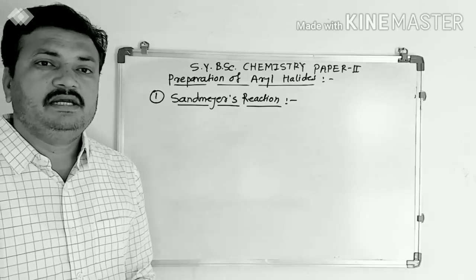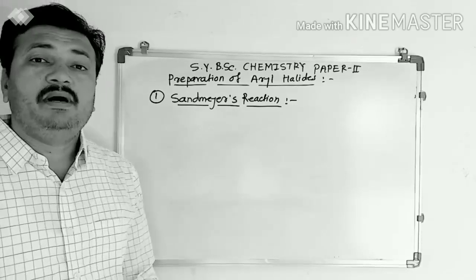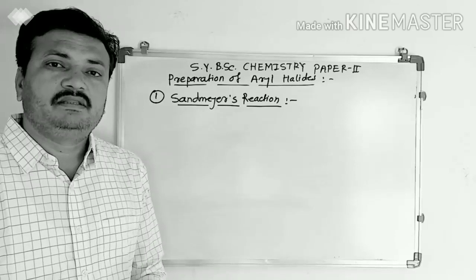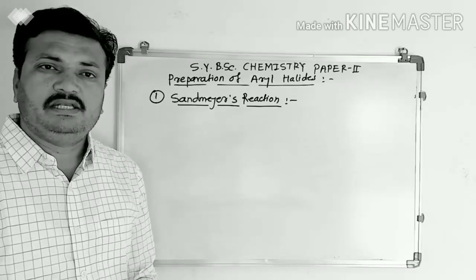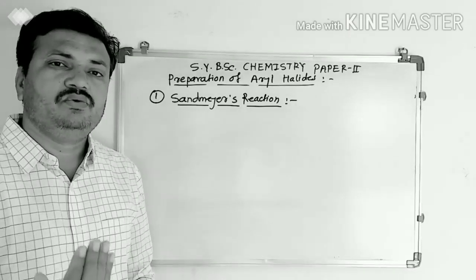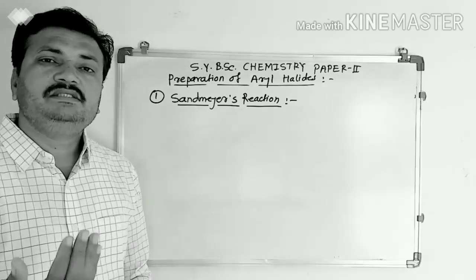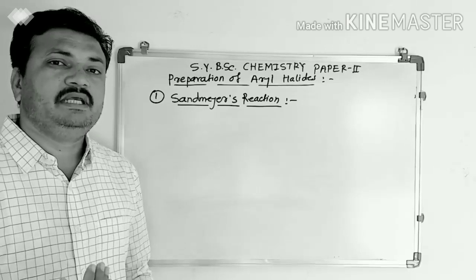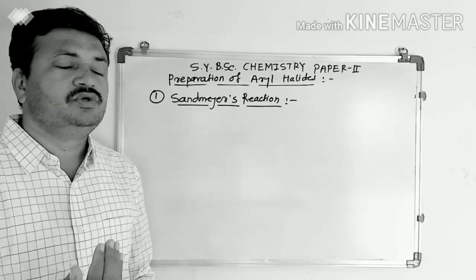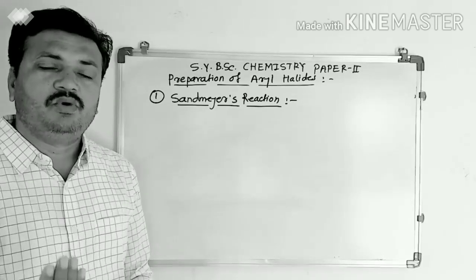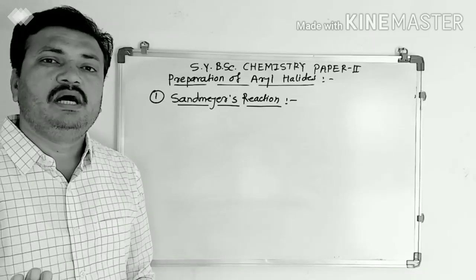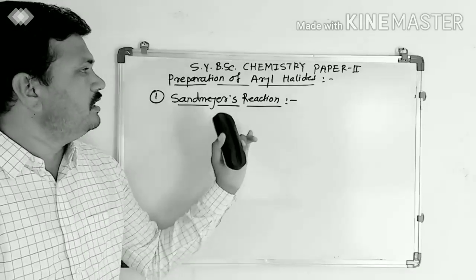And in this reaction, first these aromatic amines are treated with NaNO2 and HCl, then it is converted into a diazonium salt or diazonium chloride. When this diazonium salt is treated with any cuprous halide, that means the cuprous chloride or cuprous bromide, it is then converted into the respective aryl halides.